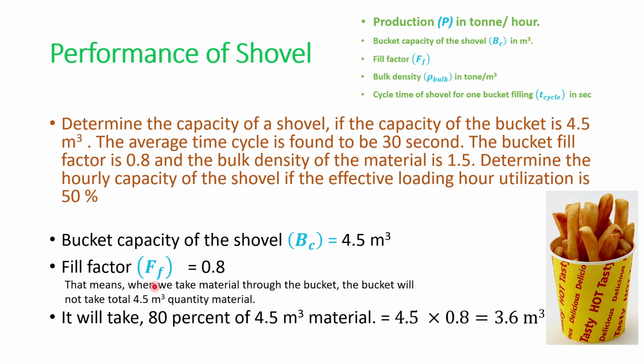So here in the question, it is given that the fill factor is 0.8. It will take 80% of 4.5 meter cube material. That means 4.5 into 0.8, that means 3.6 meter cube. So the bucket capacity is 4.5 meter cube. However, the material inside the bucket will be 3.6 meter cube because there are a lot of gaps.